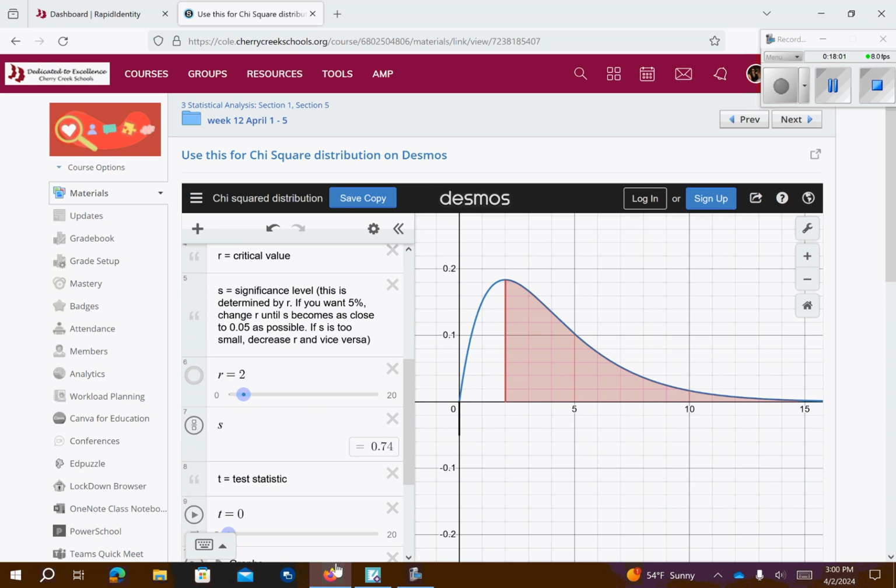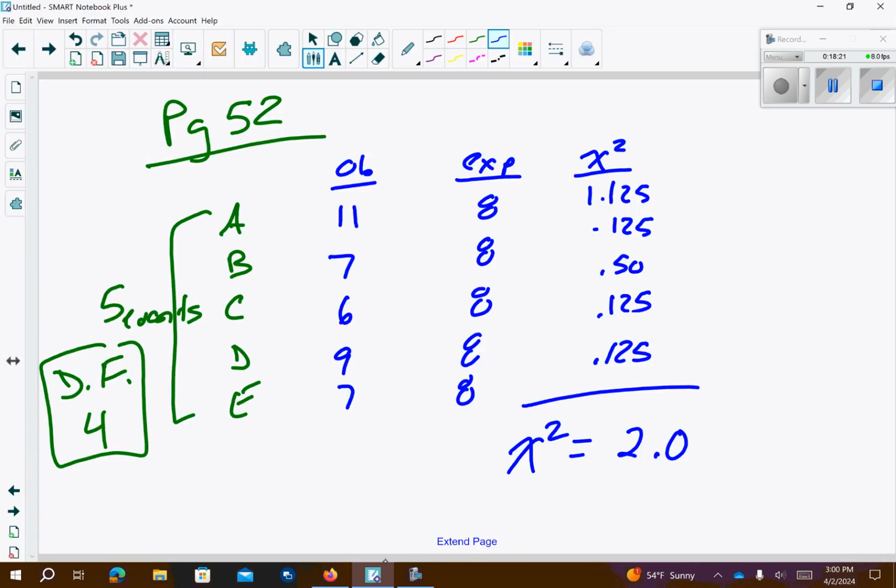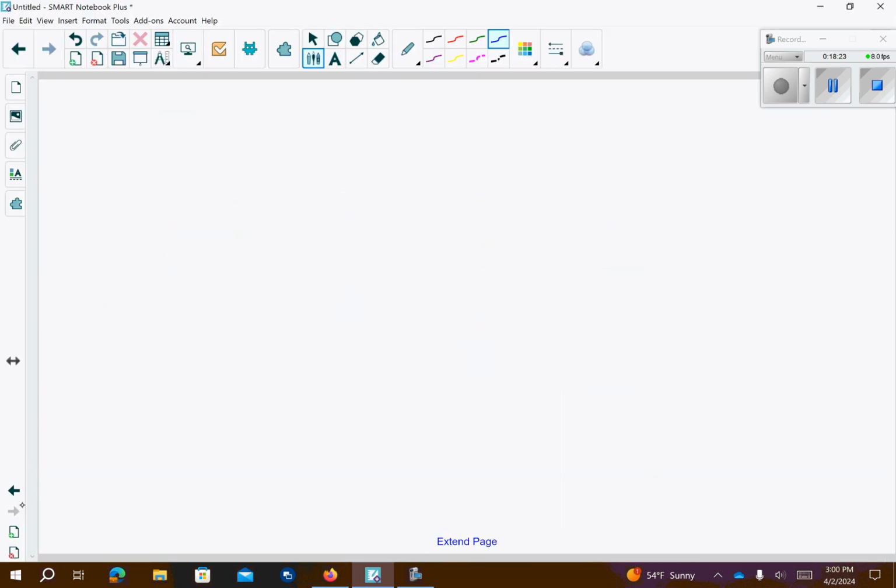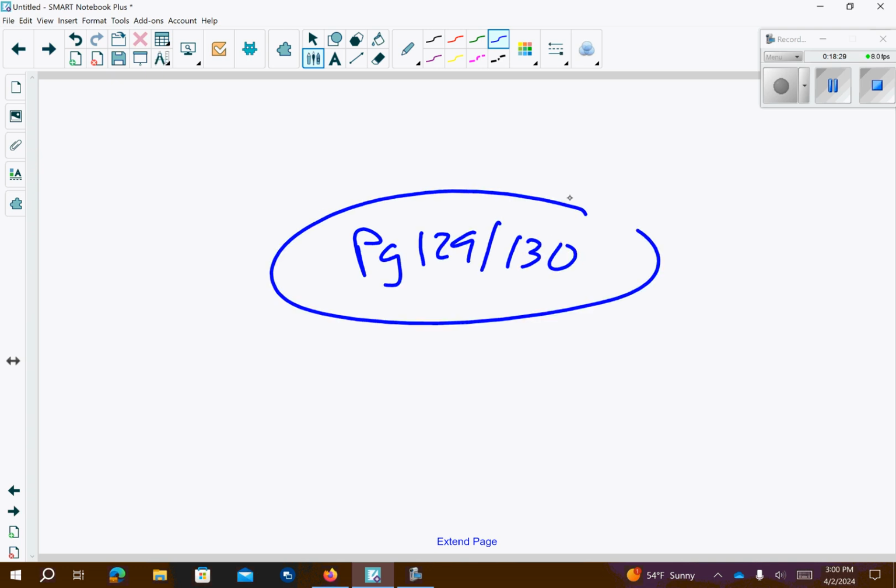Okay, I think I've done enough for you guys for today. Today would be Wednesday, so we have a shorter period. But would you do me a favor and, in the next couple of minutes, take a look at page 129 and 130 and see if you can figure it out.